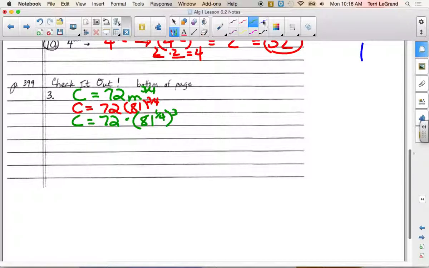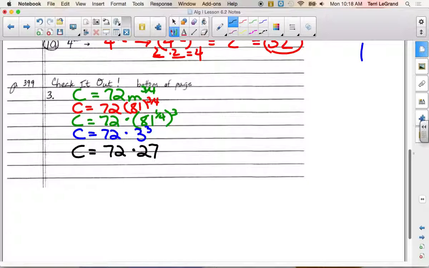So now, again, we're just going to bring C and the 72 along, and we're going to say, what is the 4th root of 81? By now we've got it memorized, don't we? What is it? It's 3. The 4th root of 81 is 3, so we show that that becomes 3. And so now we have 3 to the 3rd power. And 3 to the 3rd power is 27, so we have C equals 72 times 27.